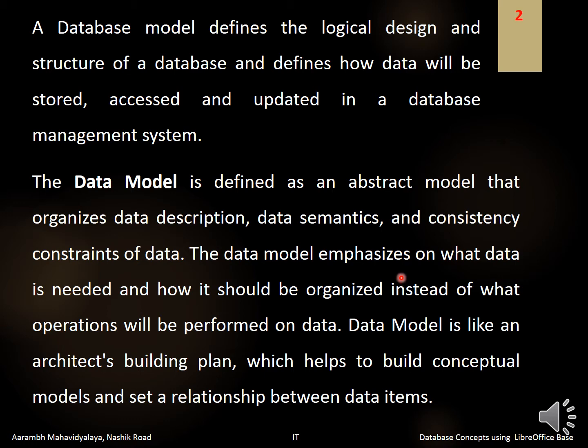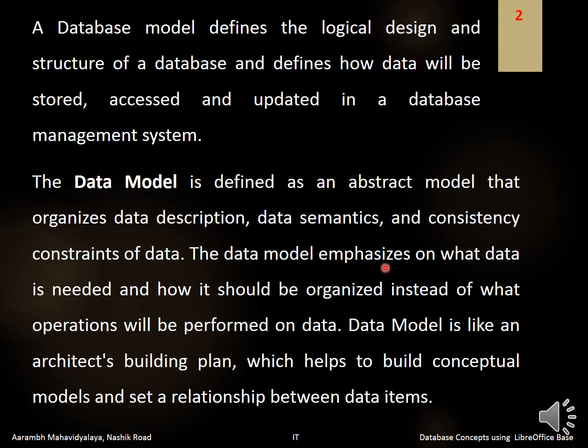The data model emphasizes what data is needed and how it should be organized instead of what operations will be performed on data. What is the main thing in a database model?